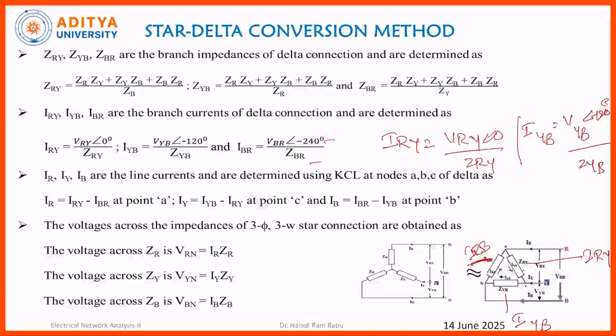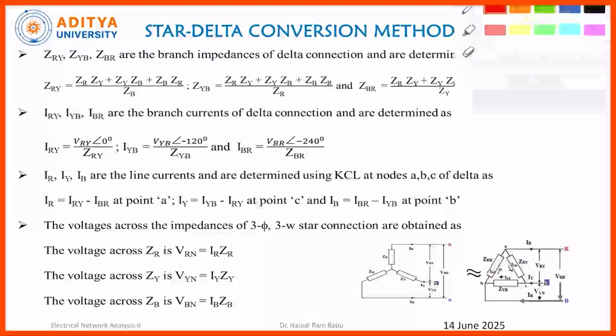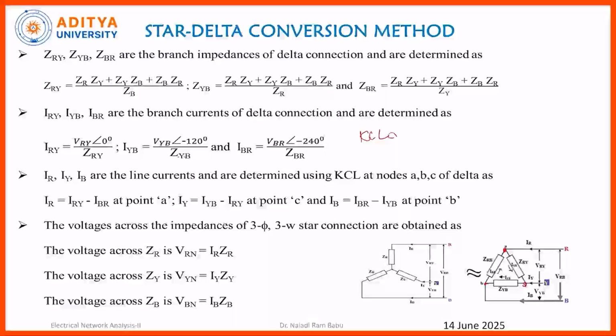As discussed earlier in the previous classes, in order to calculate the line currents, you need to write the KCL equations at the nodes A, B, C. If we write the KCL equation at node A, IRB is entering, plus another current entering is IR, and that is equal to the leaving current, which is IRY.